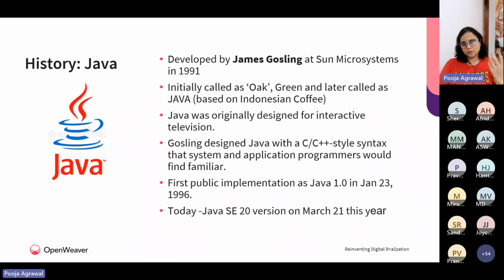So how did it come into being? James Gosling, in the year 1991, was at Sun Microsystems, where he initially named it Oak, after a tree, and later he called it Green, and only finally the name came out as Java, which is based on an Indonesian coffee. This symbol, which we can see, also resonates well with the name.